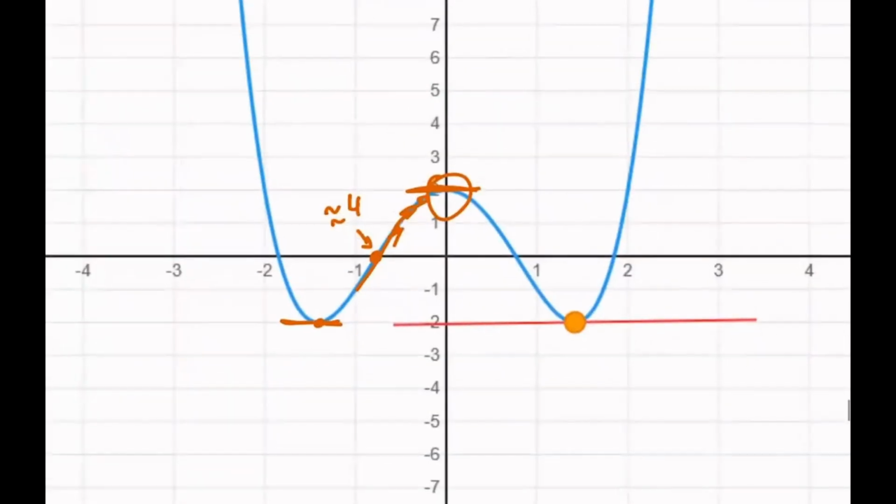Now, as we go from here to here, you see that the slope is increasing, decreasing, and in magnitude it's pretty big here, right? But with the negative sign.